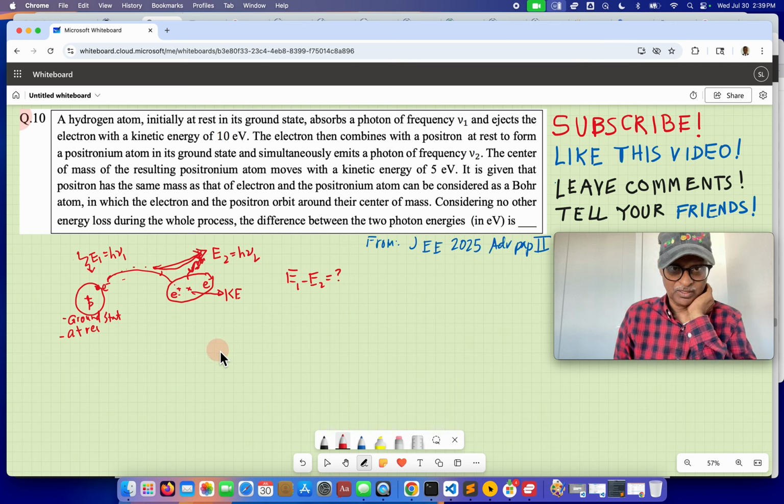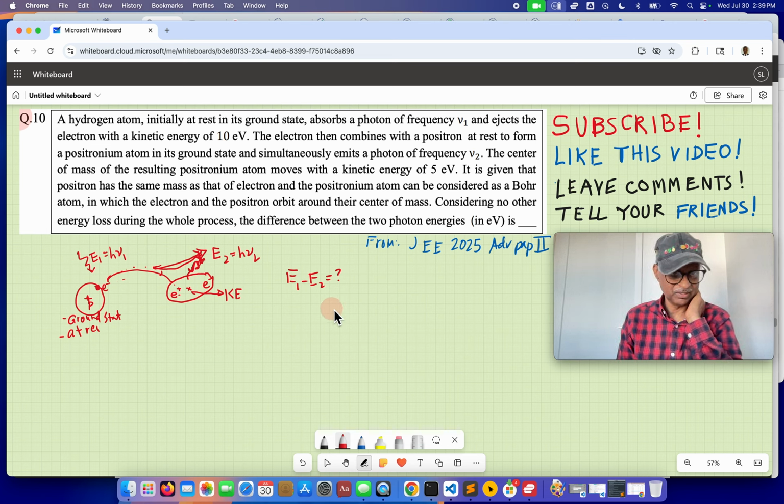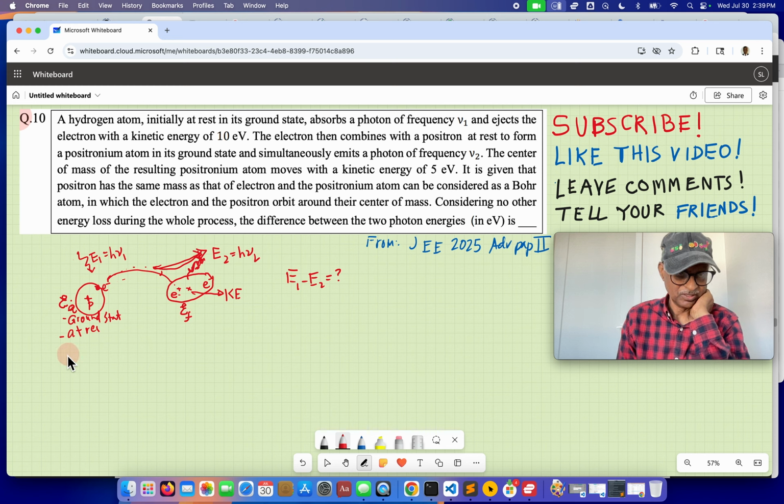When you have energy pictures like this, let's call this E initial.